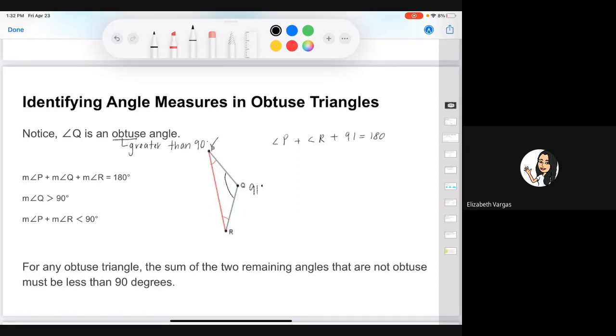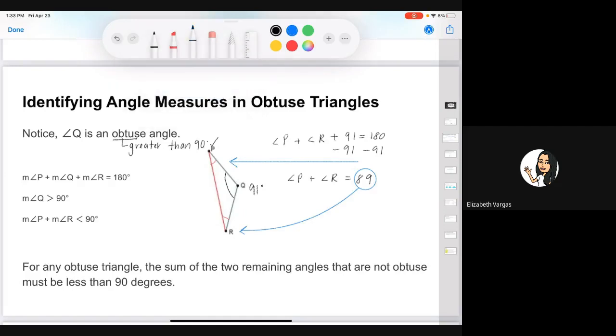Let's figure out how much I have to distribute between P and R. P plus R have to equal 89 degrees. What that tells me is that I have 89 degrees to distribute into angle R and angle P.